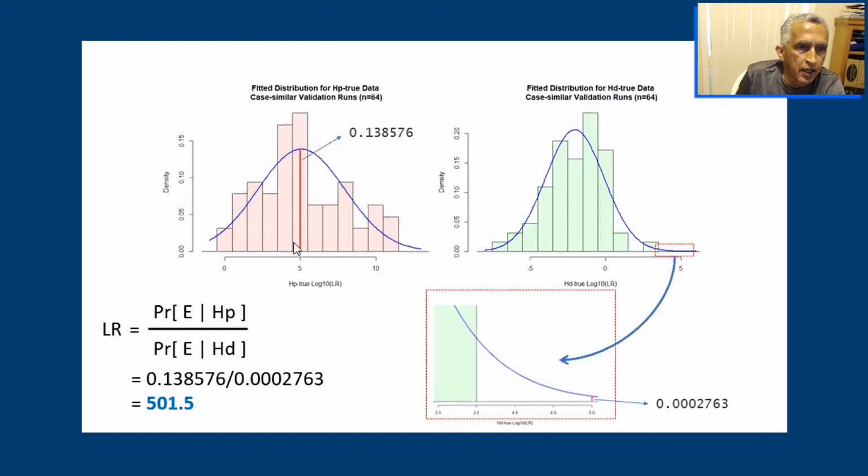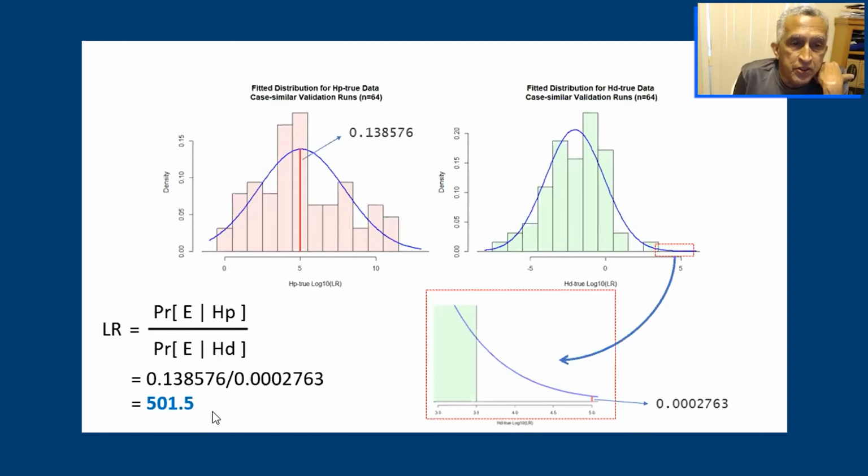So you take that height from HP, and a small height here from HD. I've zoomed in to show you what the tail density value looks like. And those numbers, the numerator density is 0.138, the denominator is shown here. The ratio is 501.5.